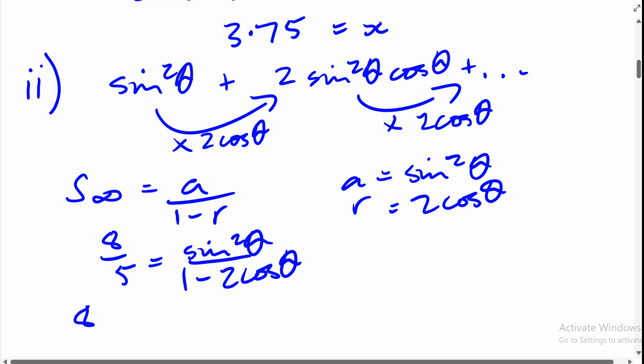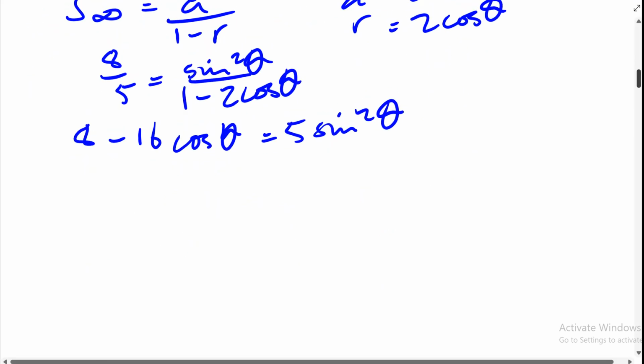Rearrange that, we get 8 minus 16 cos theta equals 5 sine squared theta. We want to solve that, so let's change all these to coses. Oh no, we don't want to solve it. We just want to show we get that quadratic in cos. So we've got to make sure we show every step of work in here.